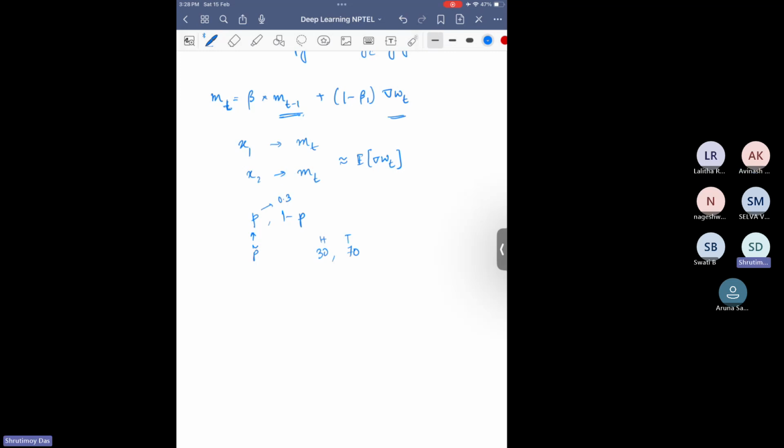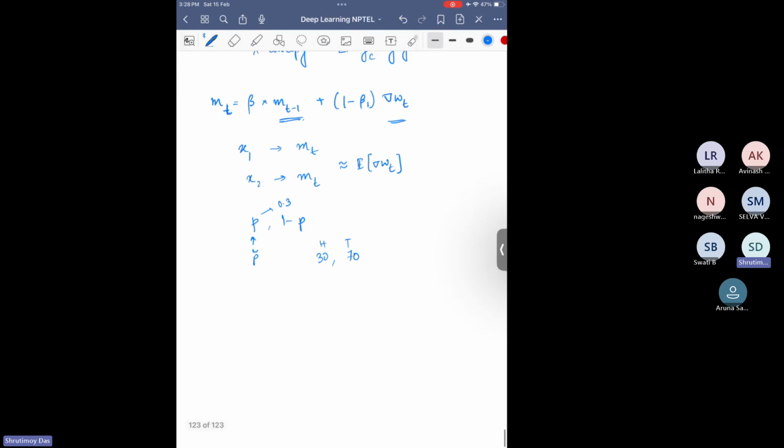You may not be correct, but because you have observed it 100 times, you say there is some bias in the coin. So the expectation of this p hat that you calculate should, on average, be equal to the exact p. Why we take this expectation is because we are doing an experiment multiple times. The same thing goes here.